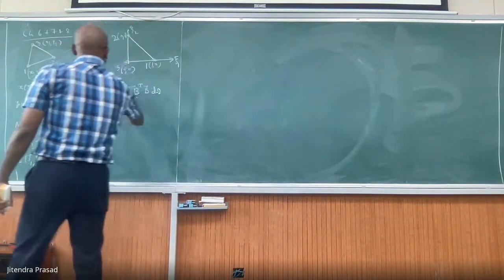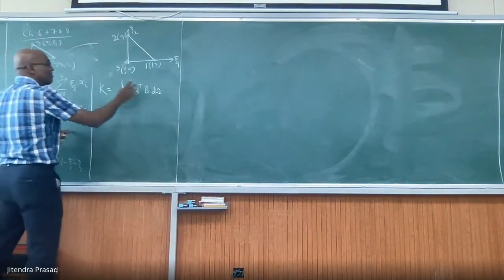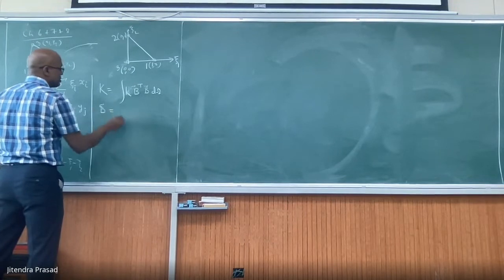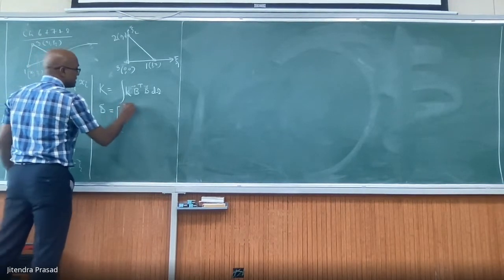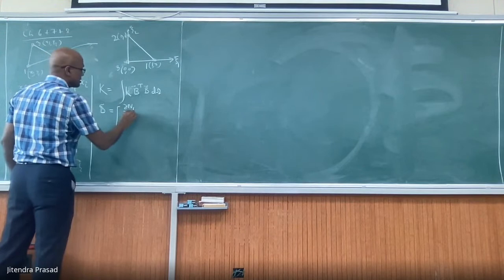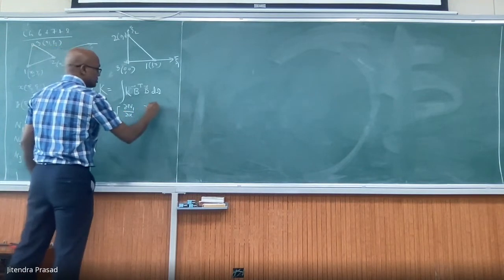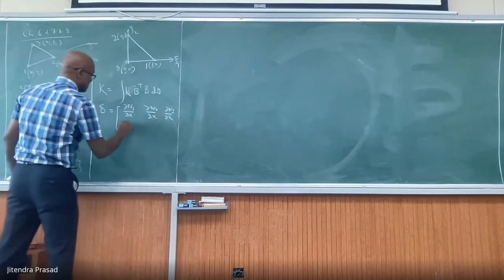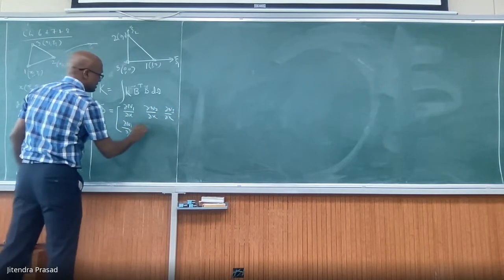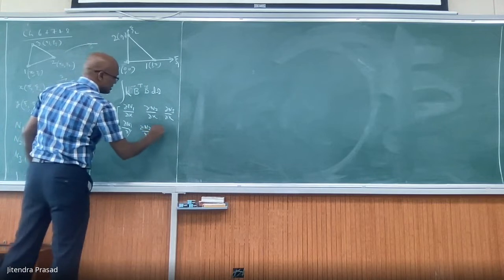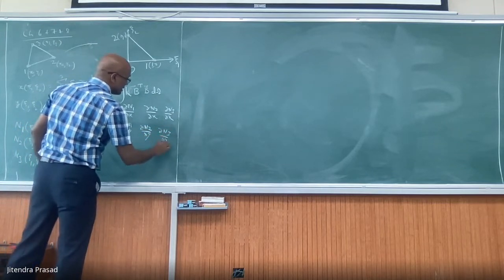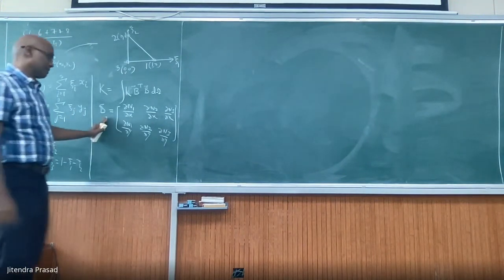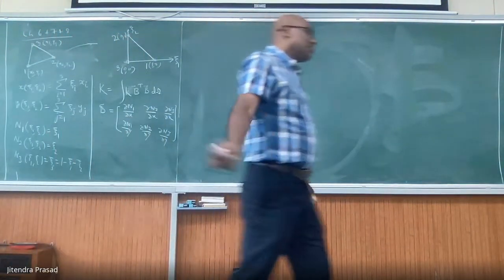Finally we have to find B, and the B matrix, as you know, is del N1 over del x, del N2 over del x, del N3 over del x, in the first row, and del N1 over del y, del N2 over del y, del N3 over del y in the second.